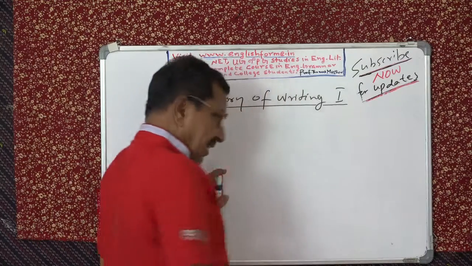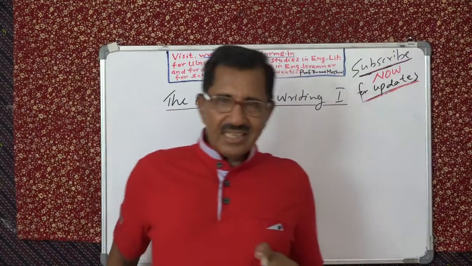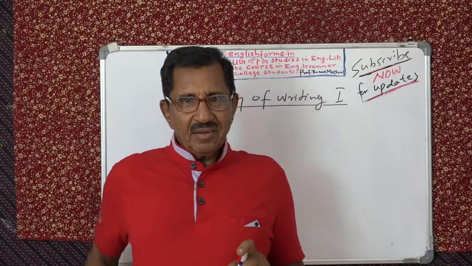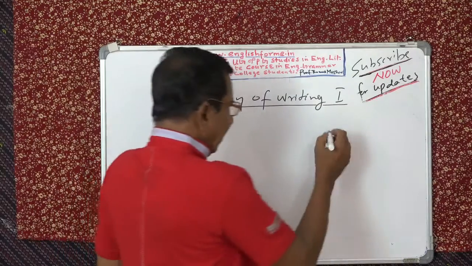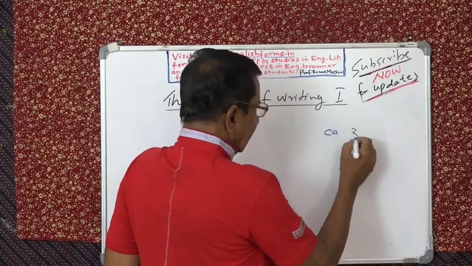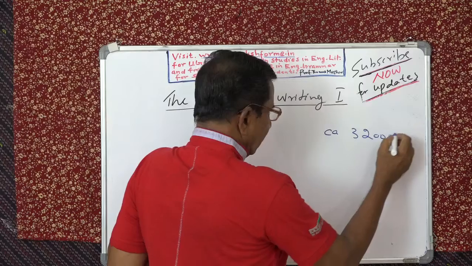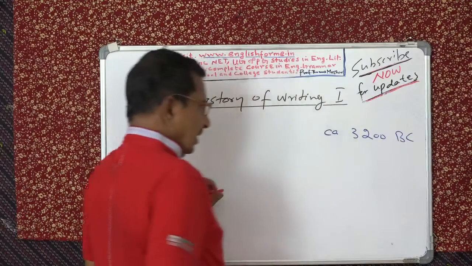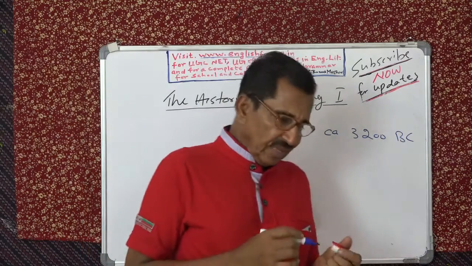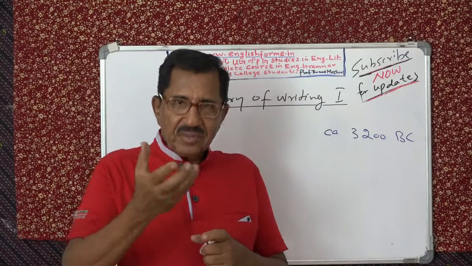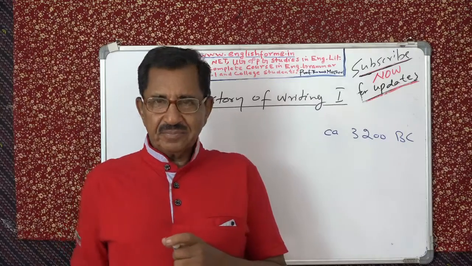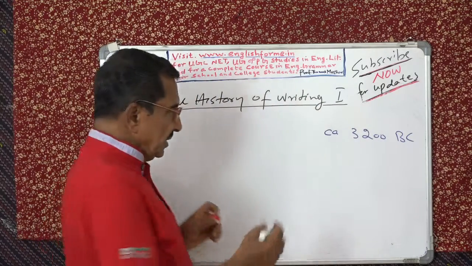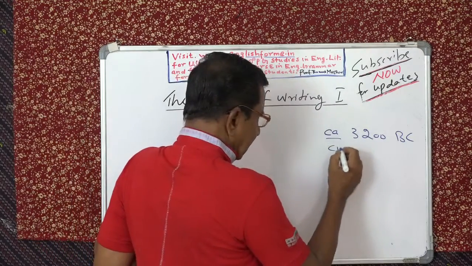So CA, that is circa 3200 BC. That is the period when humans started making graphic marks. CA means circa, that is Latin.